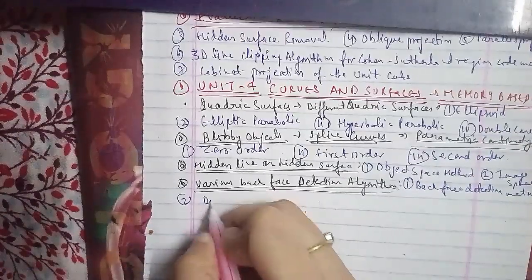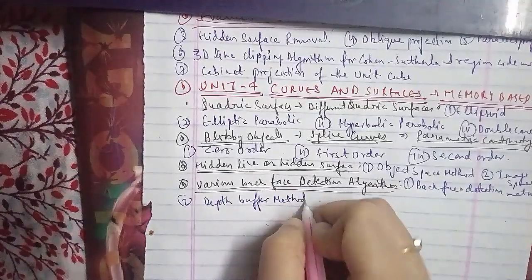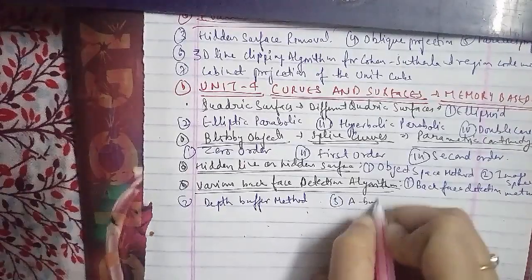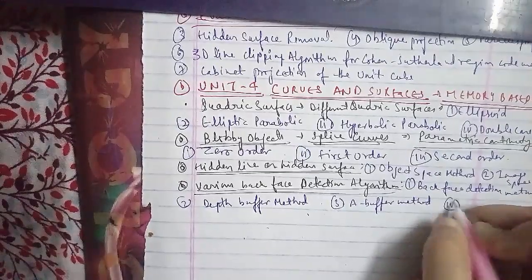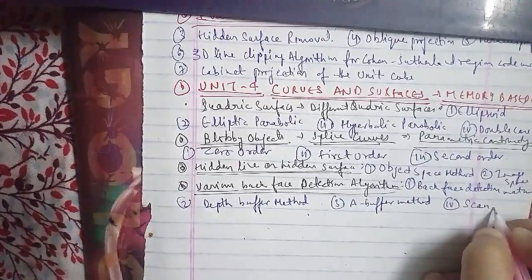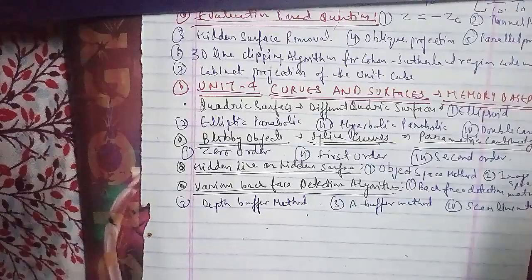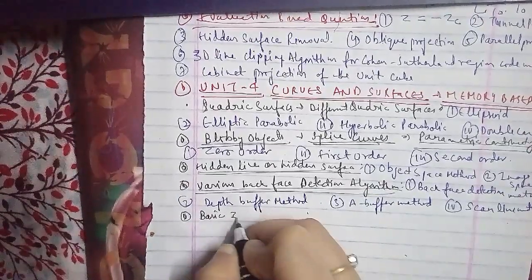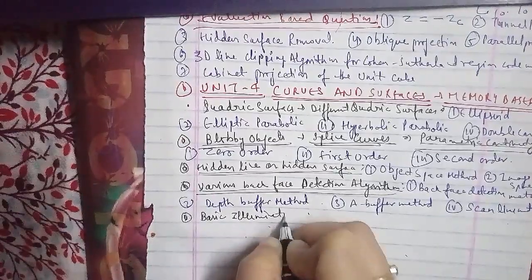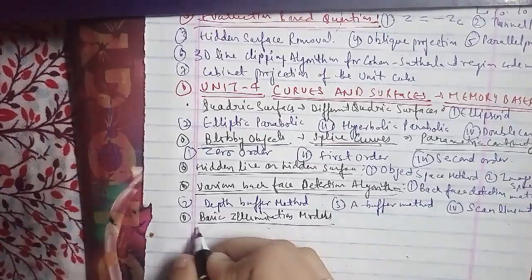The seventh is intensity attenuation, the eighth is color consideration, the ninth is transparency, and the tenth is shadow. So these were the basic illumination models. I repeat: ambient light, diffuse reflection, specular reflection, Phong model, combined approach, Warn model, intensity attenuation, color consideration, transparency, and shadow.